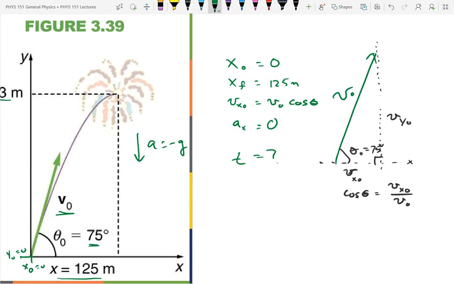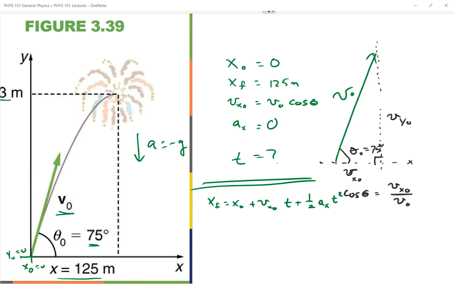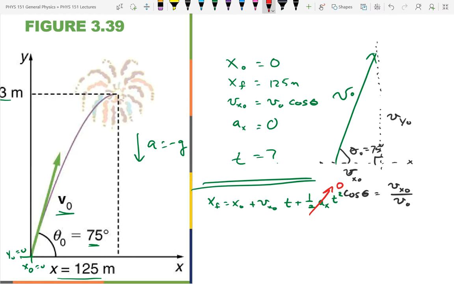So let's just take this right now. What kinematic equation would combine all these variables? There's lots of ways you can say it. One long way of saying the whole equation, but there's lots of short ways, like the one we use 90% of the time. So I have that equation. Now, acceleration in the x direction is 0. I always put my zeros in immediately. So that's a 0.